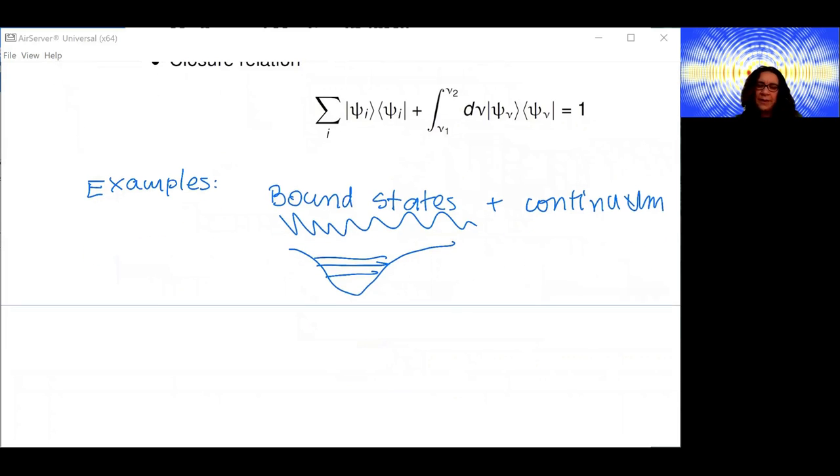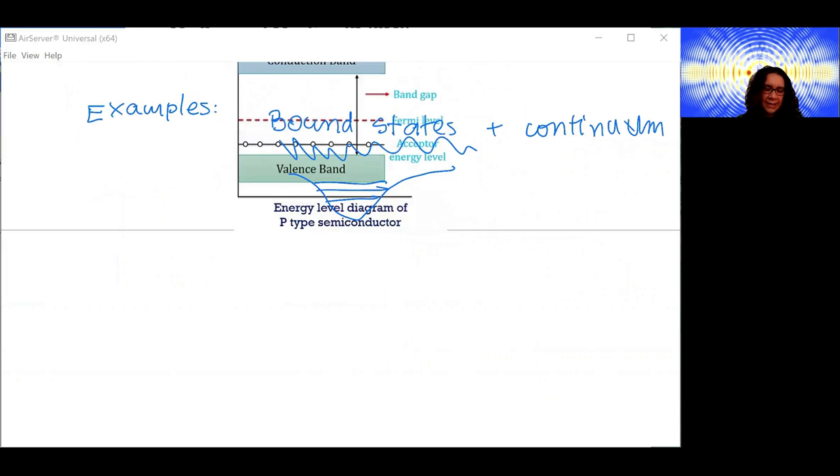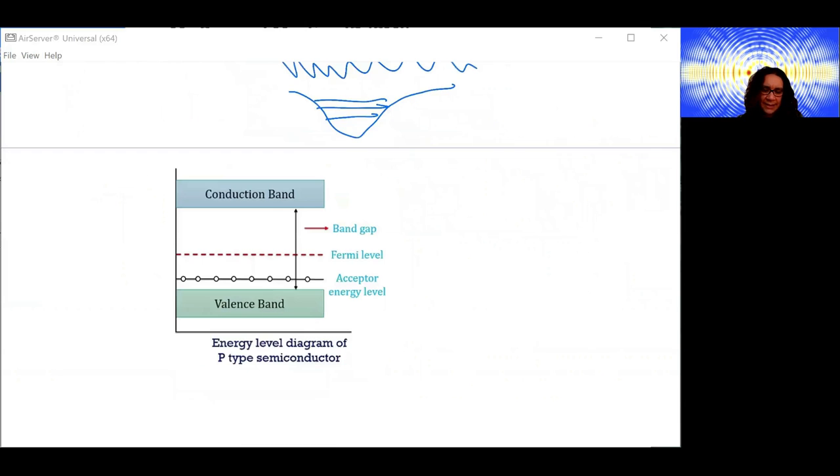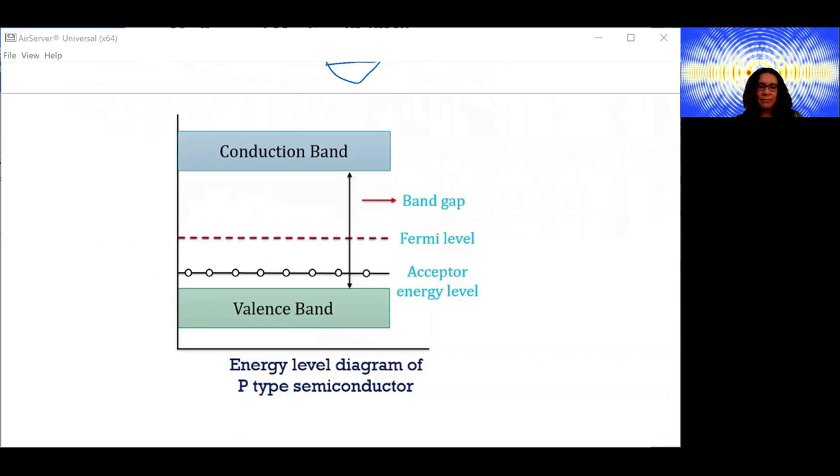You can also think, because I know some of you are doing condensed matter, for instance, if you're looking at a condensed matter system, what are the conduction bands, the valence bands? They are regions that are pretty much continuous.